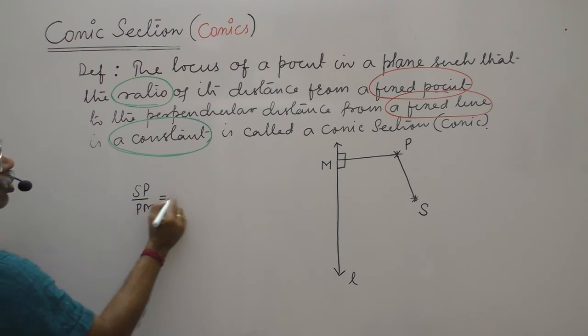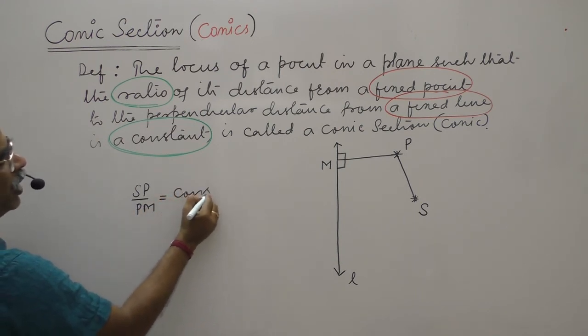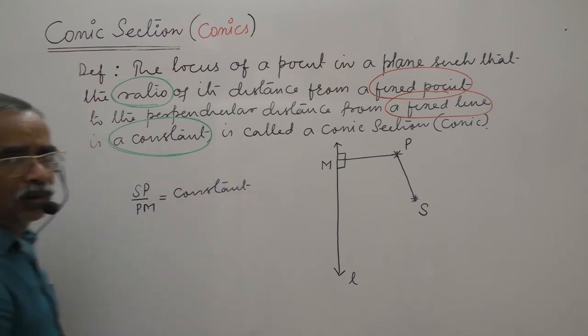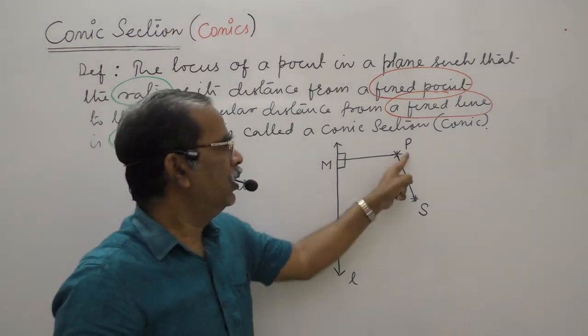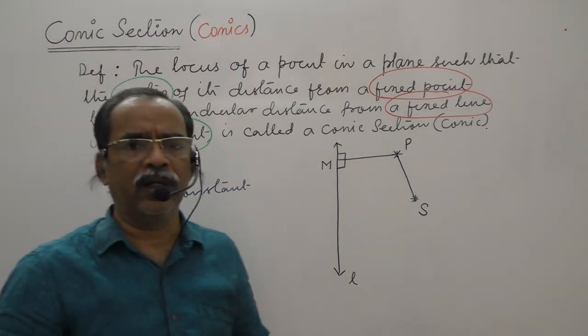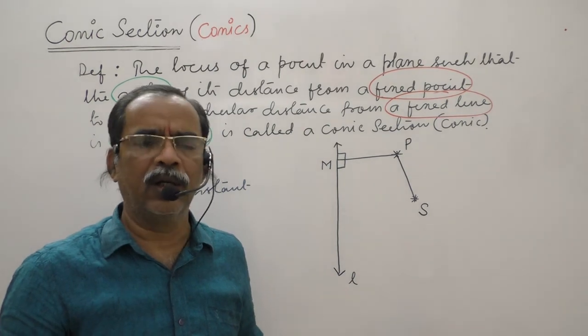So what should this ratio be? It should be a constant. Very simple. The locus of point P satisfying this condition is called a conic section or simply a conic.